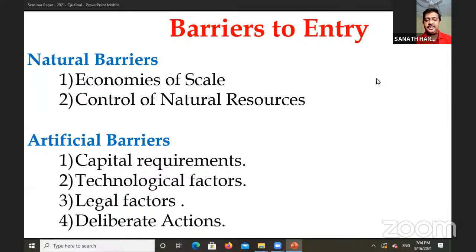Monopoly status can be maintained with the barriers to entry, even in a market economic system.